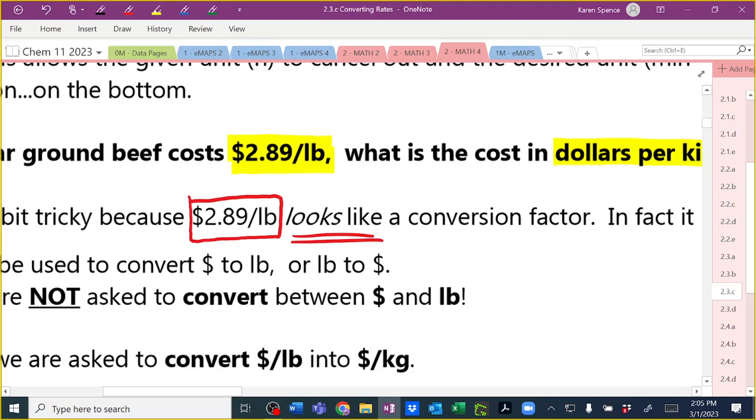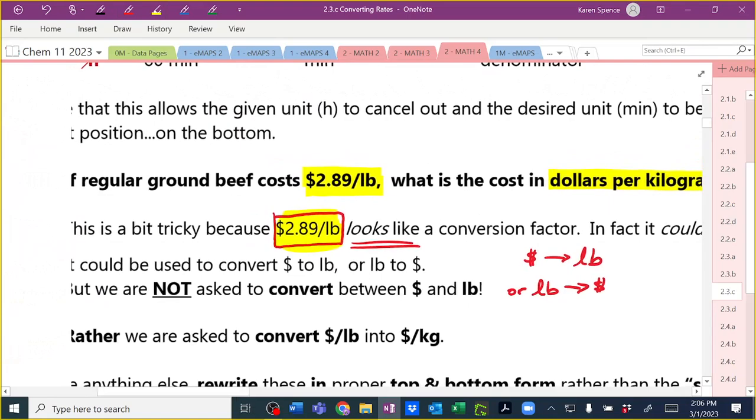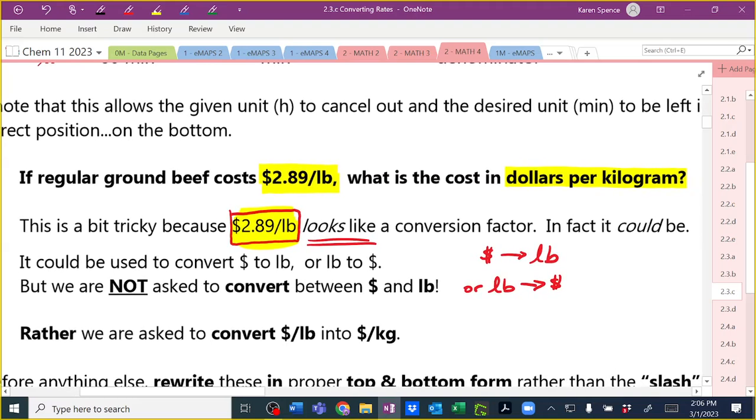But that would be good for converting dollars to pounds or pounds to dollars, right? I could use that to convert from pounds to dollars or dollars per pound. Is that what I'm being asked to do in the question? If regular ground beef costs $2.89 per pound, what is the cost in dollars per kilogram? Am I being asked to do either of those two things?